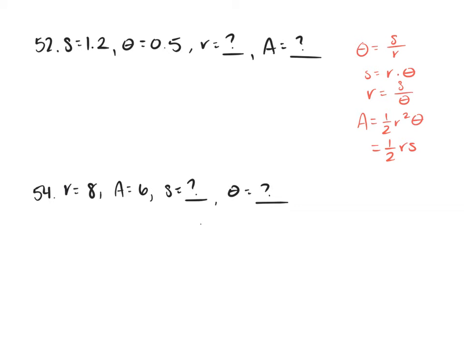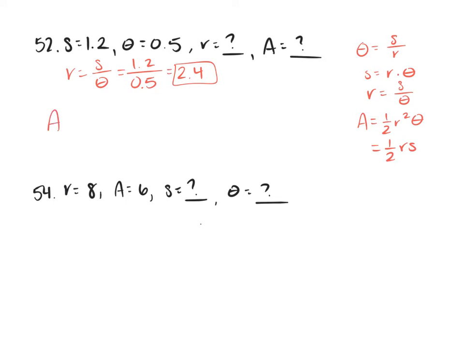So in 52, we're given the arc length, which is 1.2. We're given theta, which is 0.5. And then they want us to find our radius and our area. So I want to find radius first because I need that to find area. So radius is going to be arc length divided by theta. So this is 1.2 divided by 0.5. And so we get 2.4 as our radius.